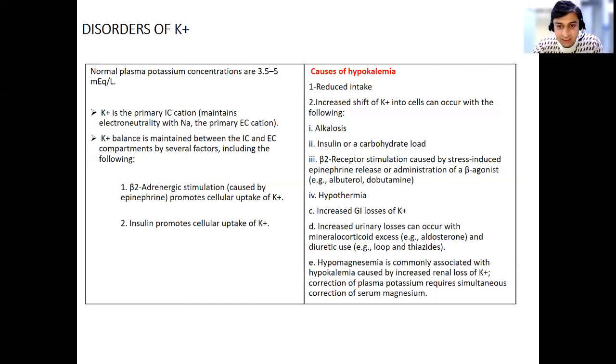When we give insulin, it causes hypokalemia. How does it cause hypokalemia? It pushes the potassium inside the cell. Similarly, beta-2 receptor stimulation does the same. Patients who are hypothermic usually have hypokalemia. Patients who have GI losses have hypokalemia. Patients who have urinary losses have hypokalemia, especially in mineralocorticoid excess.